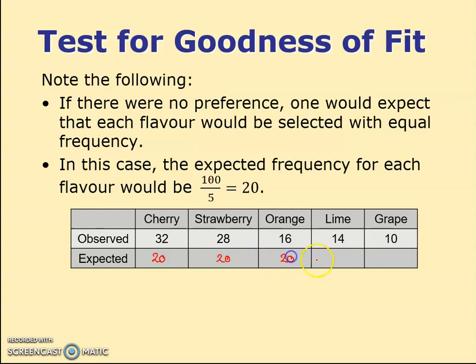This is about as easy as it gets, when you can just divide a number by 5 and then you know all these 5 numbers. For different scenarios, these expected data are much harder to find. And this obviously is the observed data, which is what we got when we did our survey. And this will go into our calculator in list 1, and this will go into list 2.